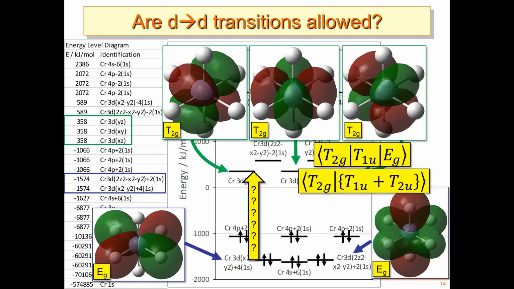So this t1u times eg gives you this pair. I think this was confusing a few people on the test last time. You look at the direct product table that I hand out, and you just see t1 and e. And so you see t1 times e gives t1 plus t2. But you also have to do the g and u symmetry.